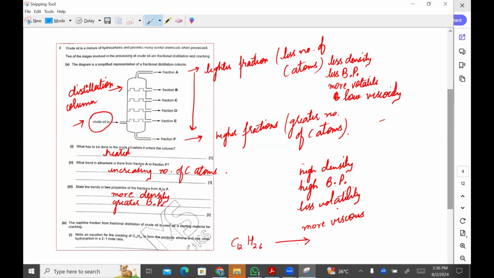They told us that ethene is going to form on the product side, and it is in the ratio of 2:1. So ethene has the ratio of 2, 2 moles for this, and definitely the other one would have 1 mole. So how many carbons are left now? It becomes C4, so remaining is C8, and it becomes C8H18. So this is basically our final answer.